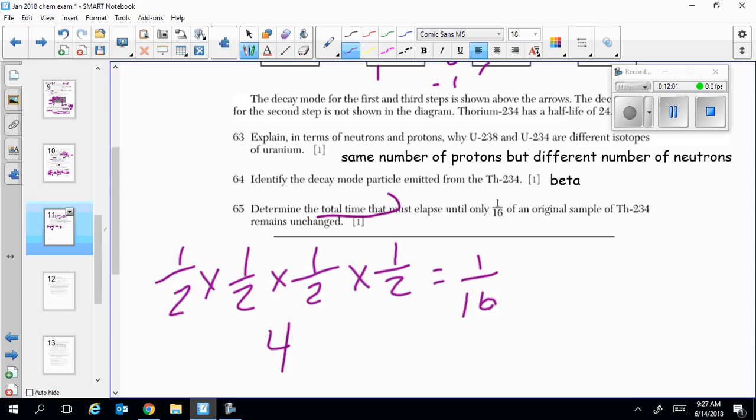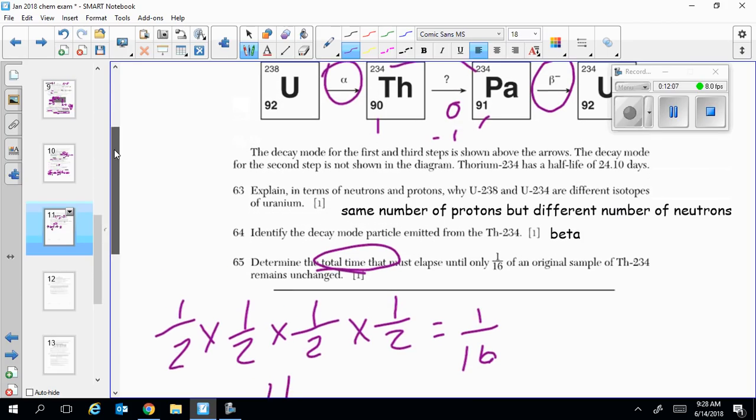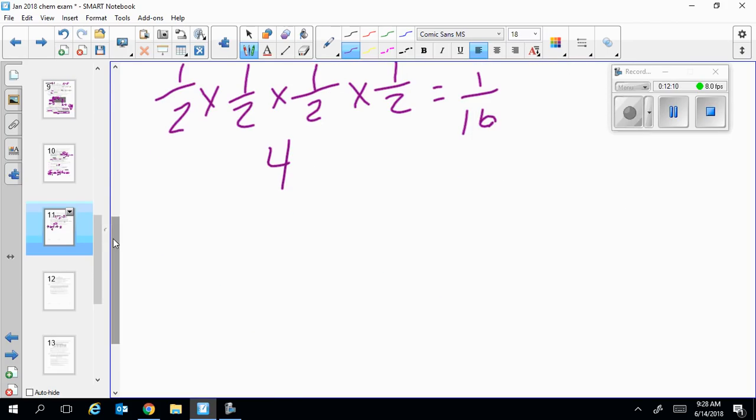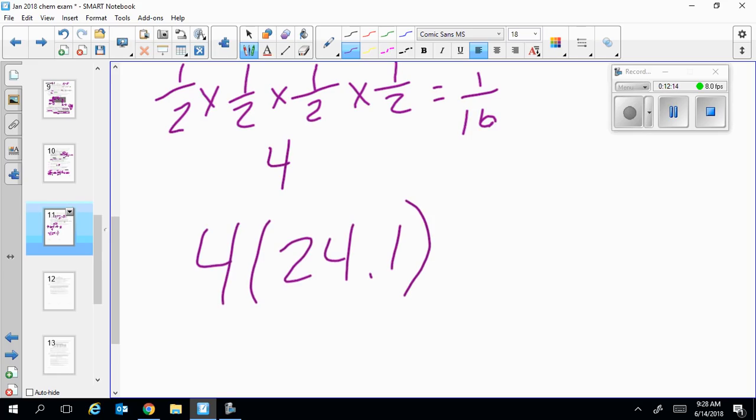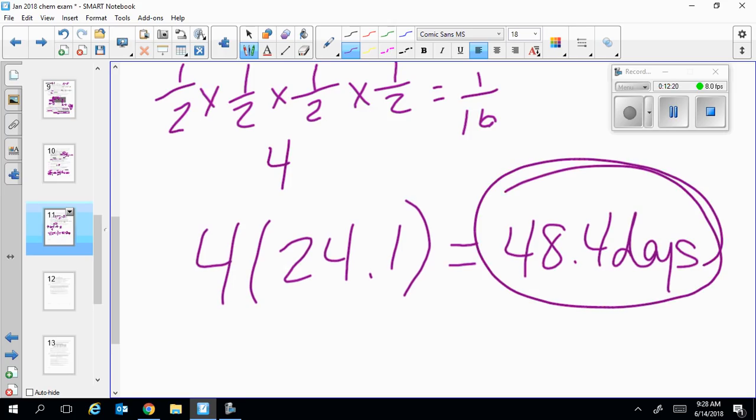And it says determine the total time. Well, up here, it told me that Th-234 has a half-life of 24.1 days. So 4 times 24.1 days would give me 48.4 days. That's the total time that it would take for 4 half-lives to occur.